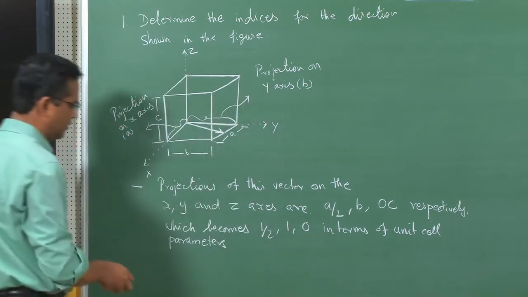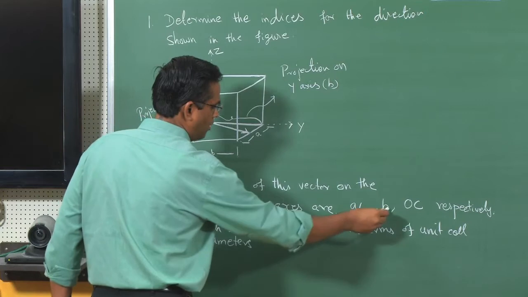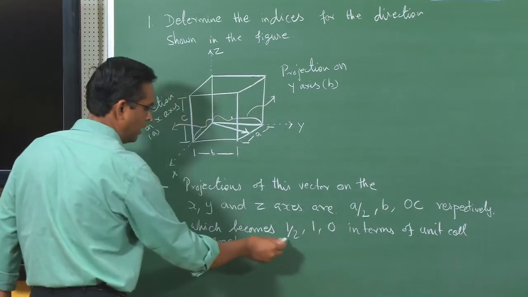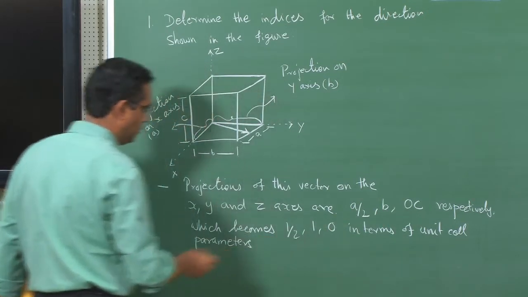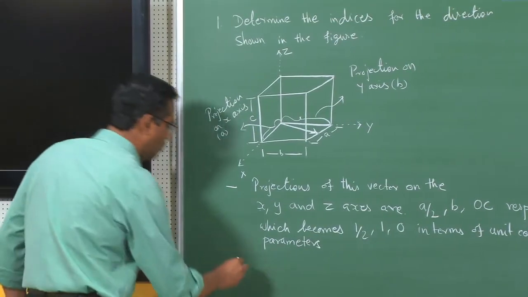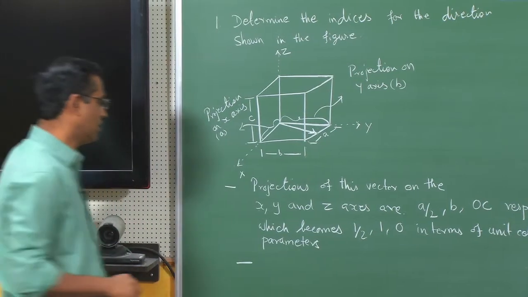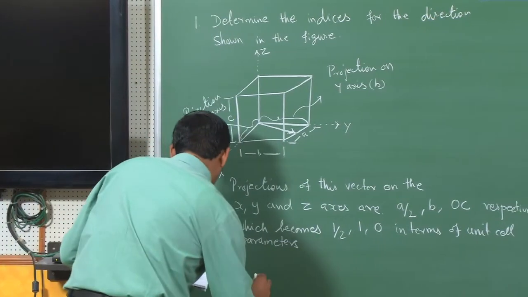you drop all this a, b, c, then it becomes half, 1, 0 in terms of unit cell parameters, and the next step is you convert that, or reduce it, into lowest integers.